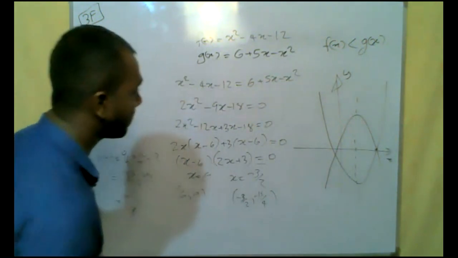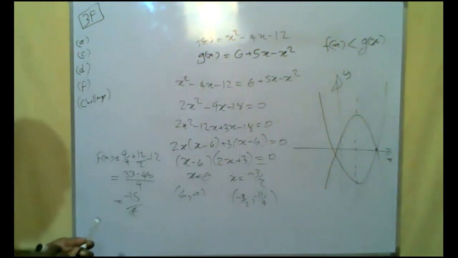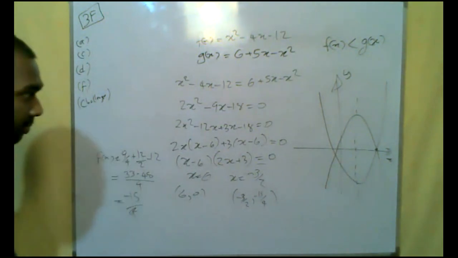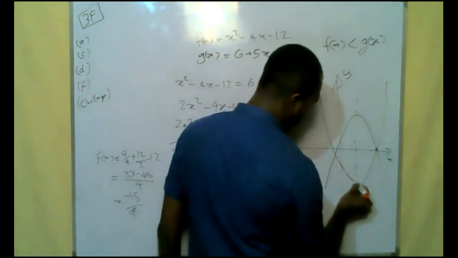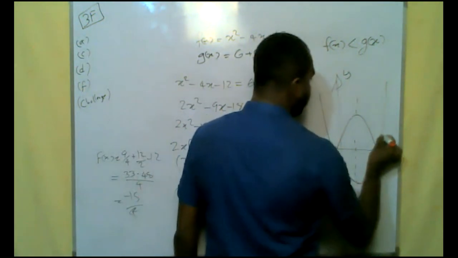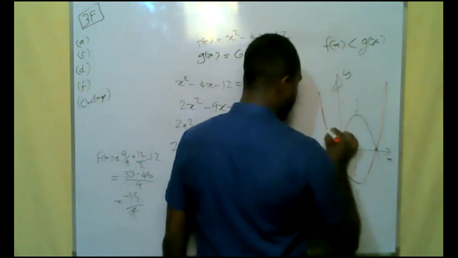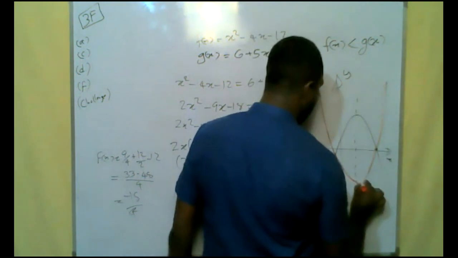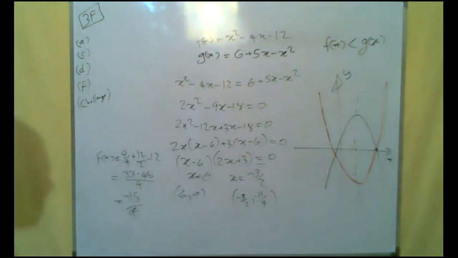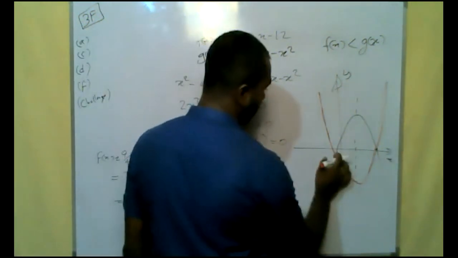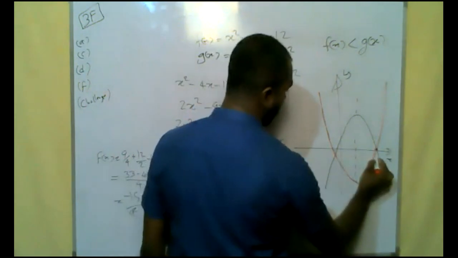So what they're asking is where the region f(x), the minimum shape curve, where the red curve is below the black curve. In which region? You can see from here to here.